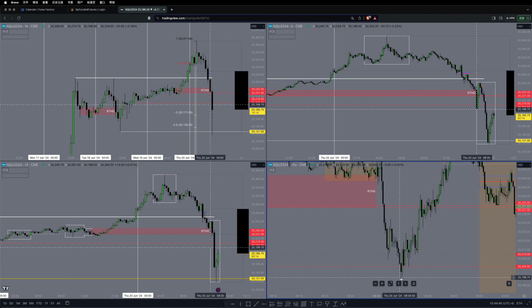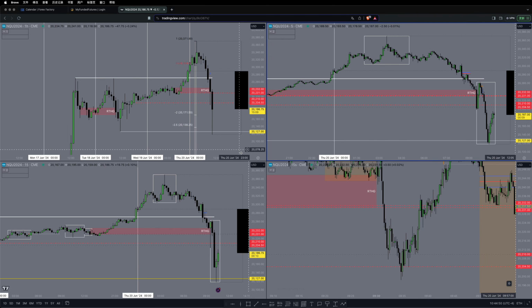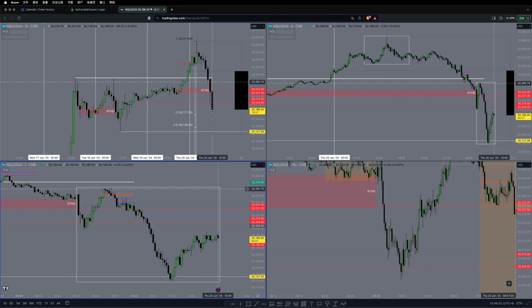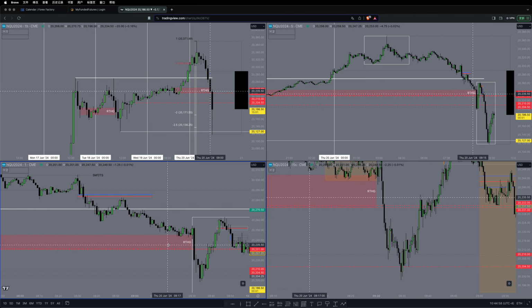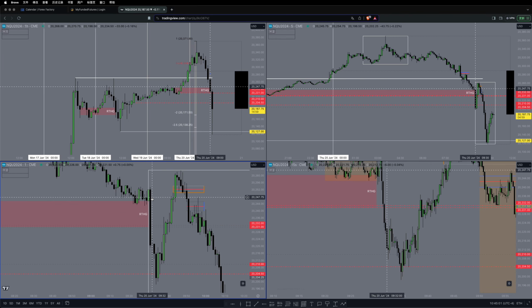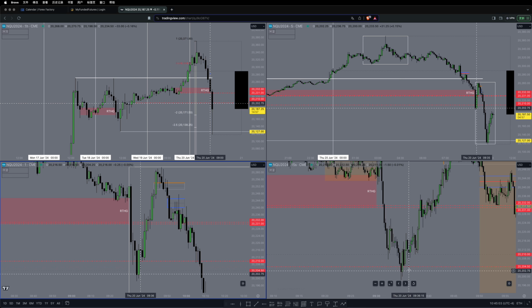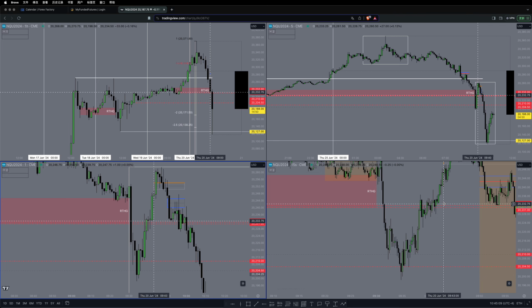I see the price comes down, and let me make this the 1 minute. And I saw how the new day opening gap here was holding the price. So I was like, okay, this is the fake move, and I'm expecting the price to go higher. Now I'm looking for entries.